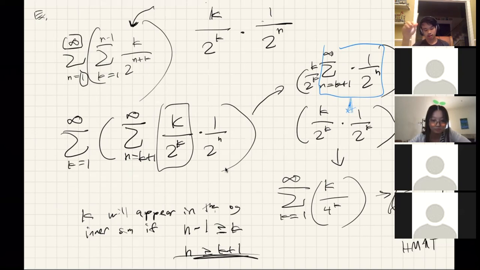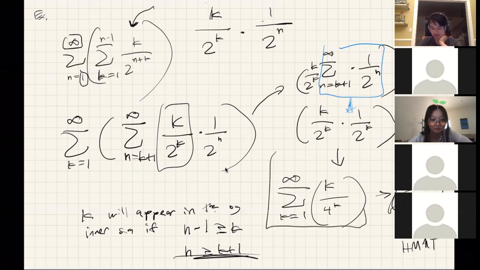So once again, what we did was swap the order of summation. Instead of having the inner sum involve k, we had the inner sum involve n, and this inner sum involving n turned out to be much easier to compute because we can just isolate the constant k over 2 to the power of k, and the rest became an infinite geometric series, which was very easy to compute using the formulas that we've already learned.